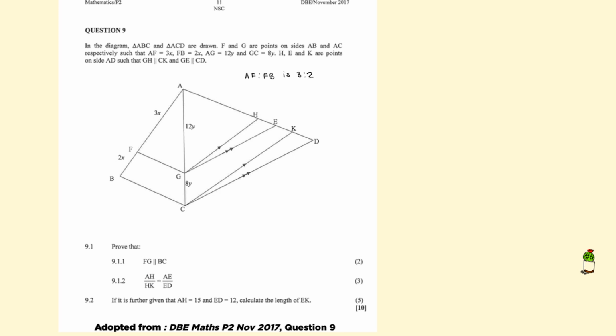Once they give you a proportion like that, it's recommended that you write it on your diagram as a placeholder, so that you don't confuse it with any exact lengths that are given.